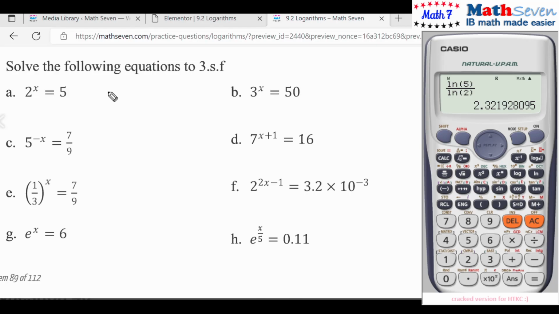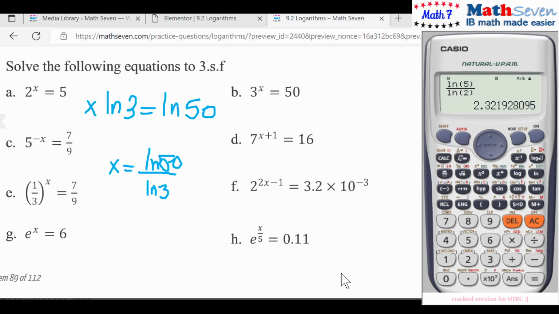We give ln, so it becomes ln 3 to the power of x. The x drops down, so it becomes x ln 3 equals ln 50. So x equals ln 50 over ln 3. You grab your calculator and put ln 50 over ln 3, as in the mark scheme.